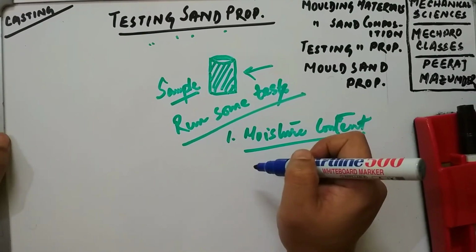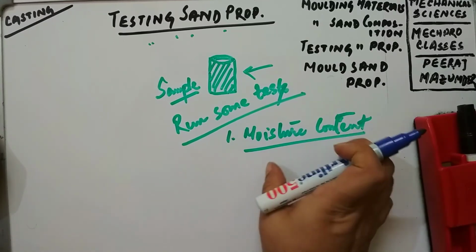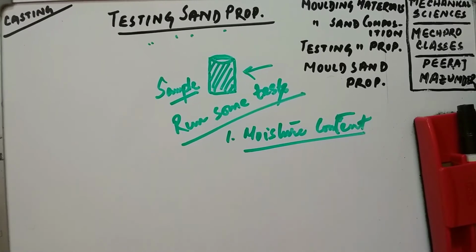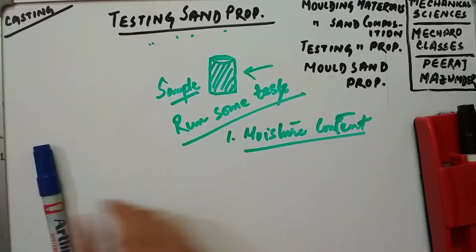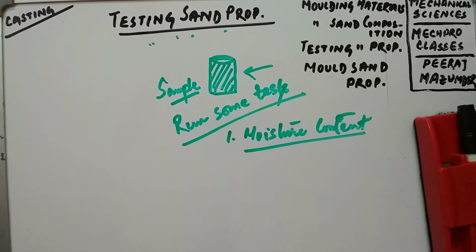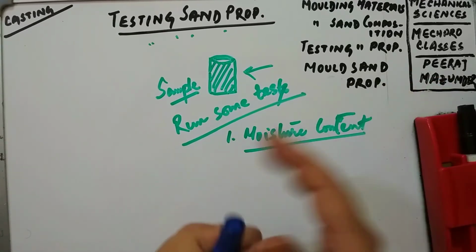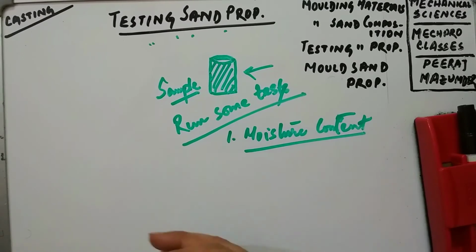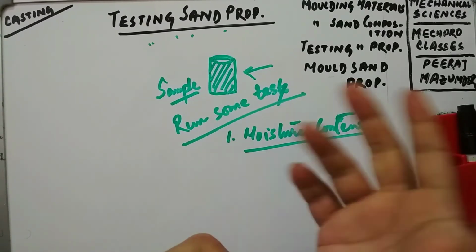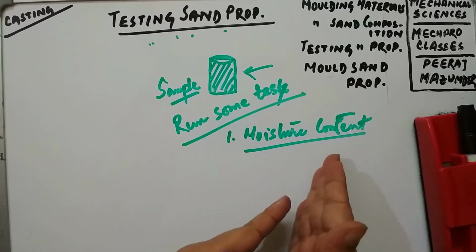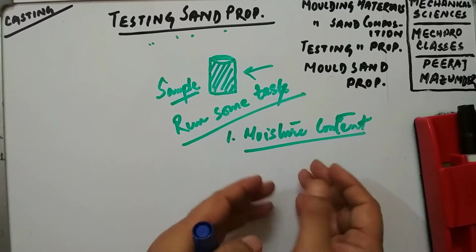I'm not going into the depth of this experiment, but I will tell you the main idea behind it. In the moisture content test we use an experimental setup that has calcium carbide to measure the moisture content. You should know that for theoretical purposes.